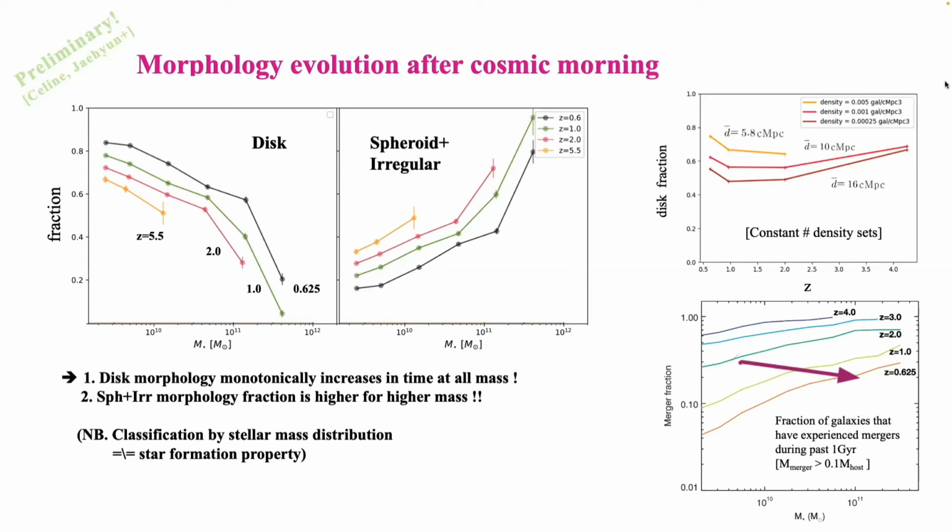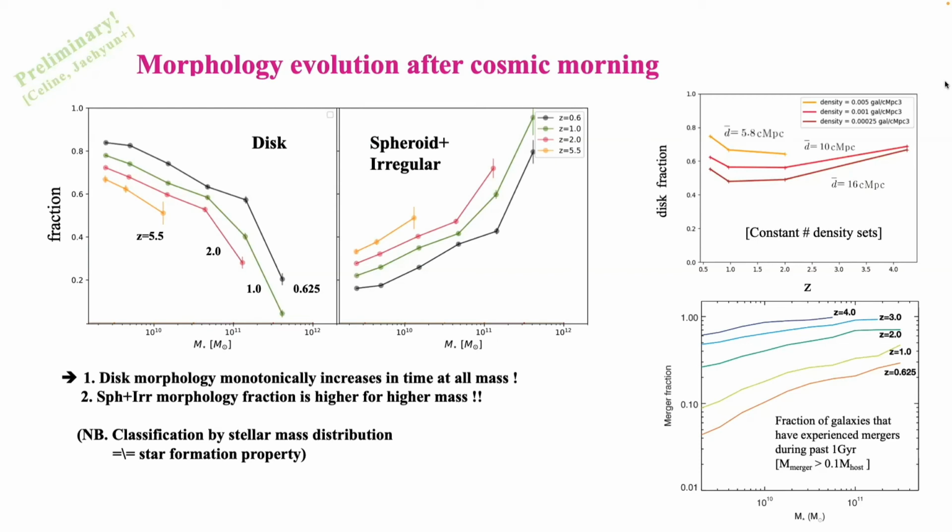At the same time, the merger rate is decreasing monotonically. So the merger and strong interaction, close encounter, is the way for galaxies to acquire either irregular or spheroidal morphology. But this rate is monotonically decreasing. So these newly born galaxies experience less amount of mergers. So I think that's the reason.